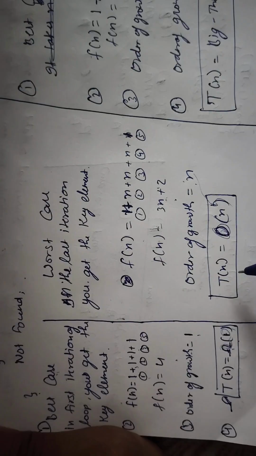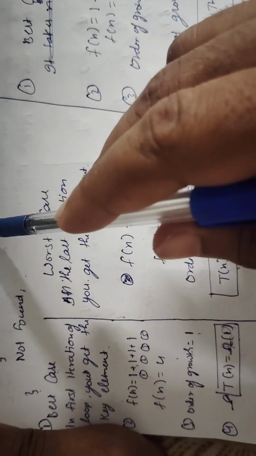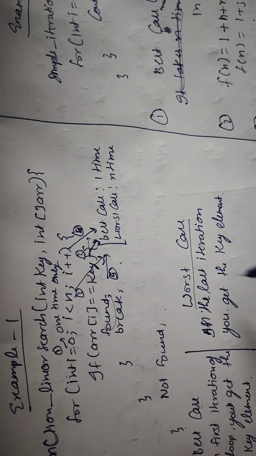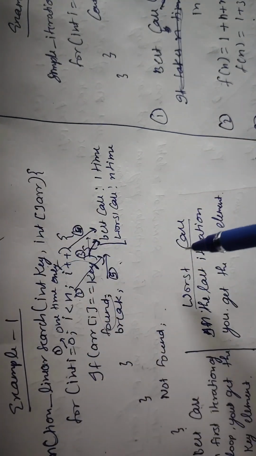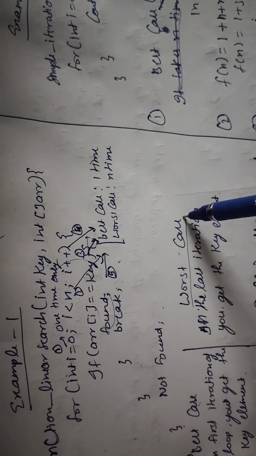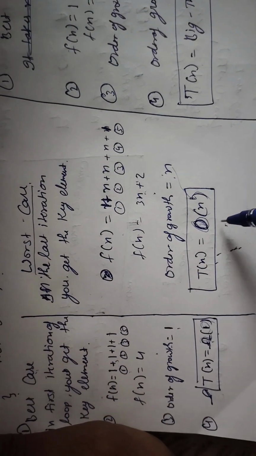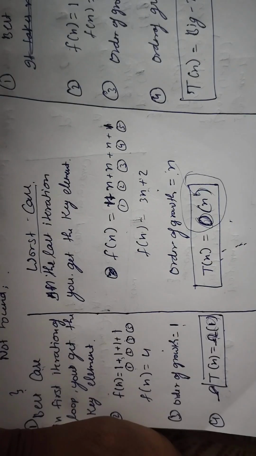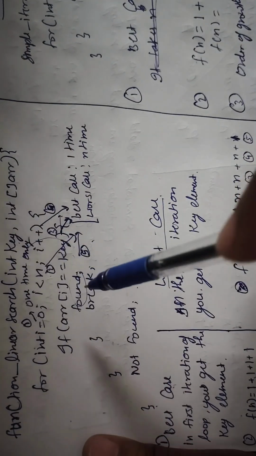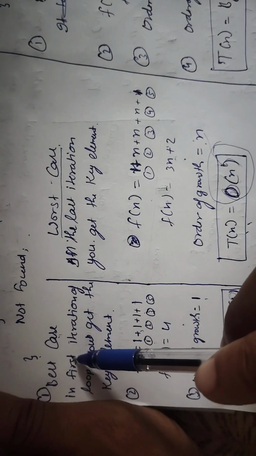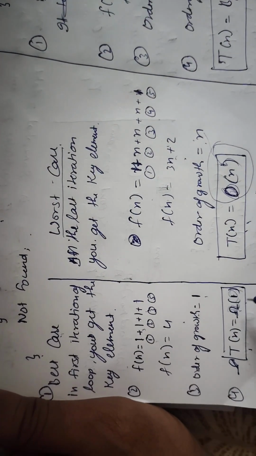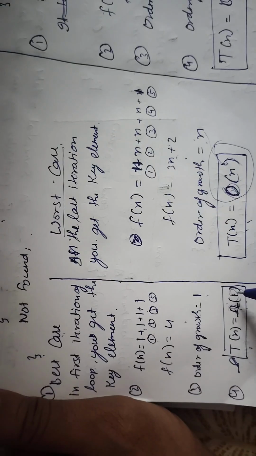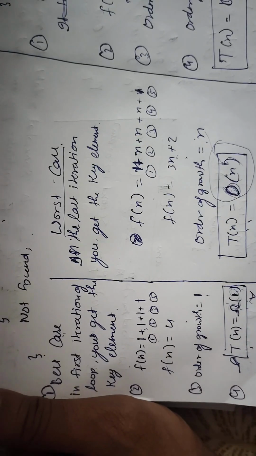So this is the time complexity for this program for the worst case, and what is it? Big O of n. Now I think you are very clear. In the same way, for this program, in the best case, the time complexity will be big omega of 1. It means constant time.